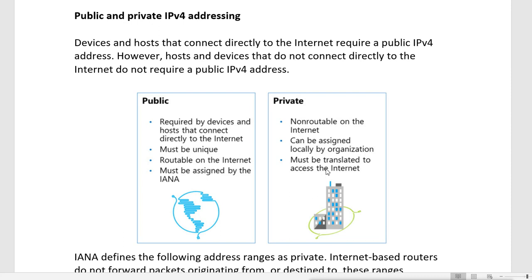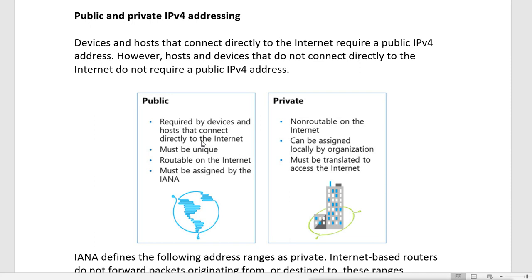Now if you want to go to the internet, you need public addresses, and public addresses you have to get from IANA, and you have to take them on lease. Remember, you have to pay for that. You will not get it for the lifetime. You get it on lease, and when the lease period expires, you have to renew the IP address.